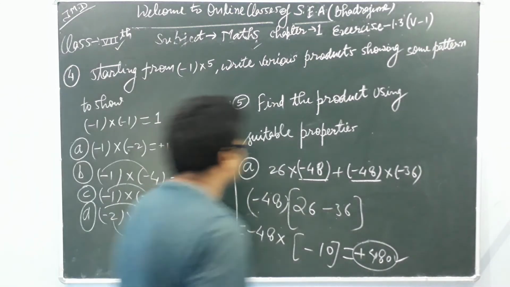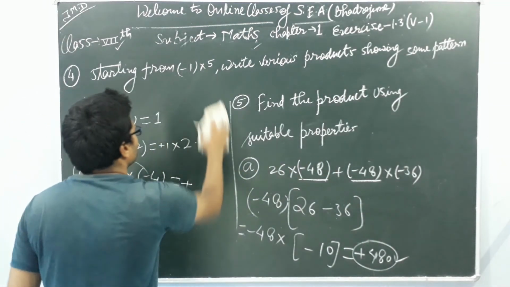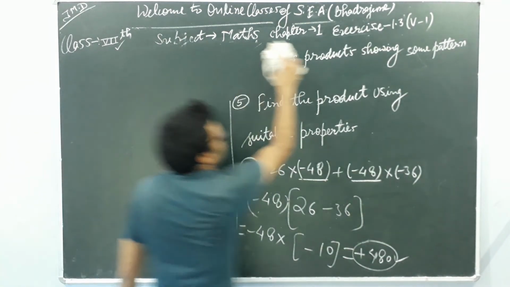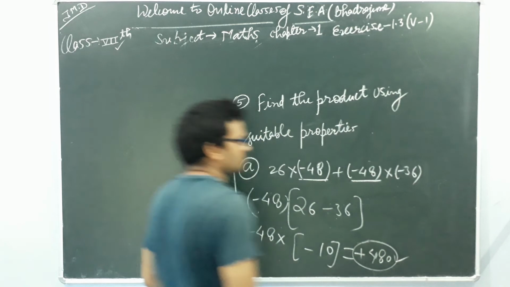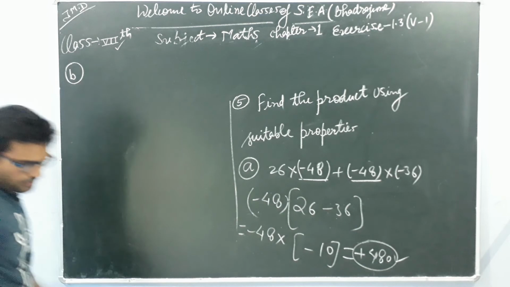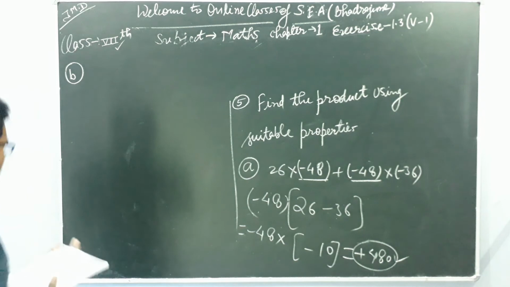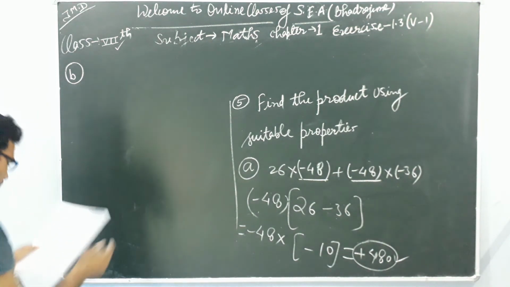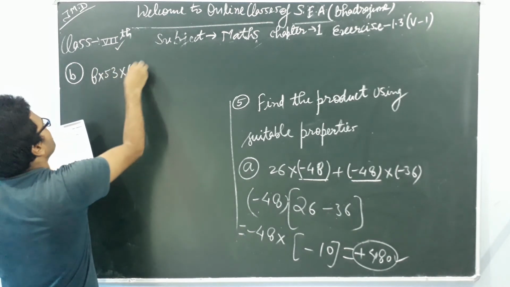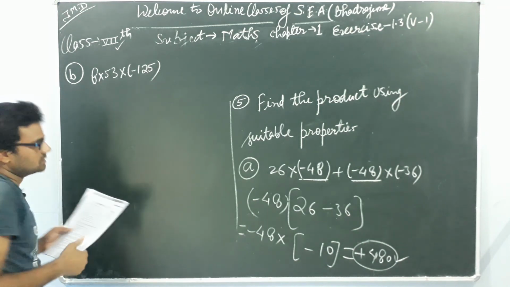Question number 5, part B is 8 multiplied with 53 further multiplied with 125. And part C, listen, this is your homework.